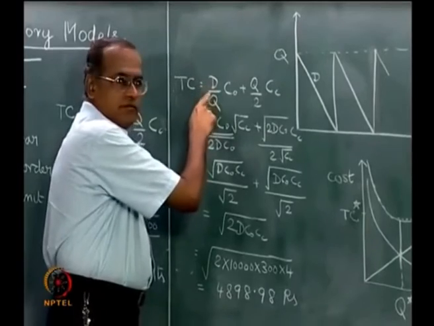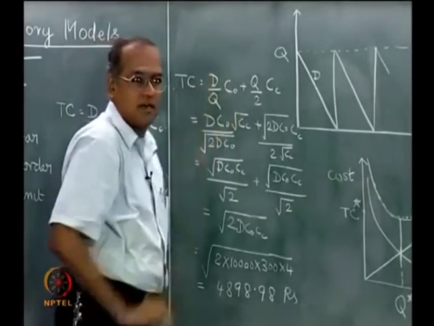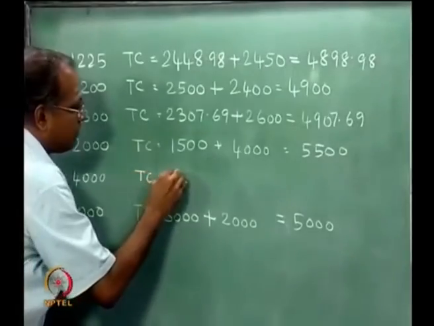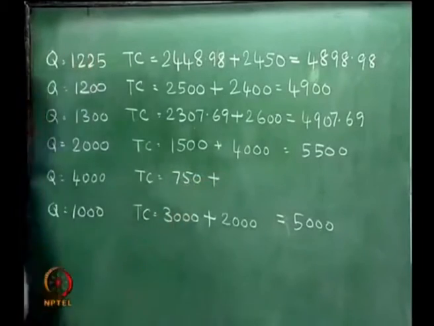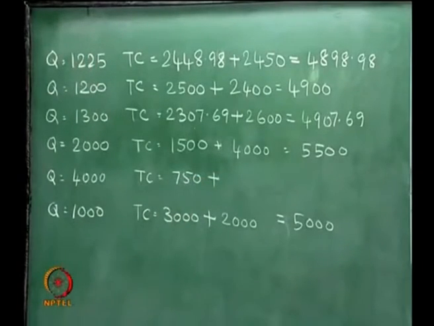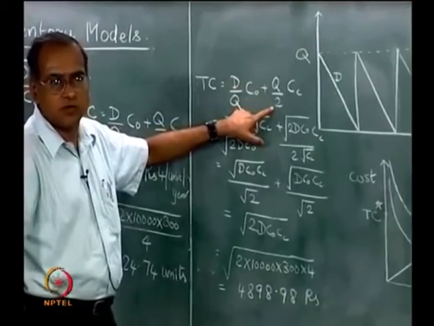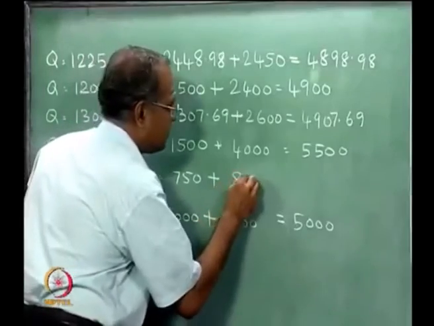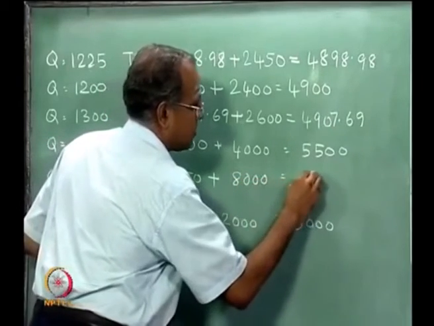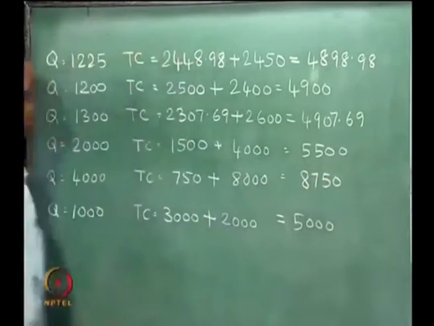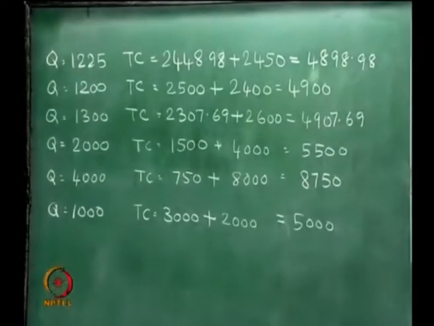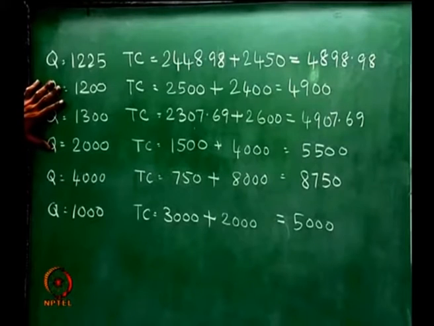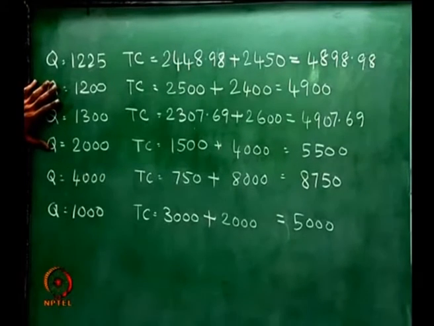This is 2.5 into 300, which is 750, plus 4000 divided by 2 is 2000, 2000 into 4 is 8000, which gives 8750.